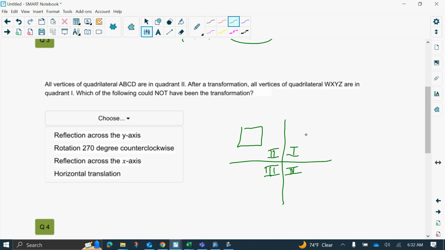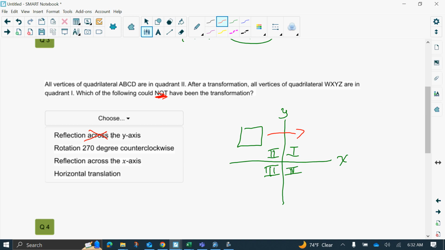So we want to end up over here. So a reflection across the y-axis. Well, this one's the y, that one's the x. So if I reflect across the y, I end up over there. So since I'm looking for not, then that choice is gone.